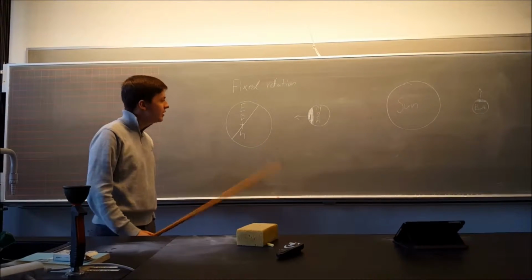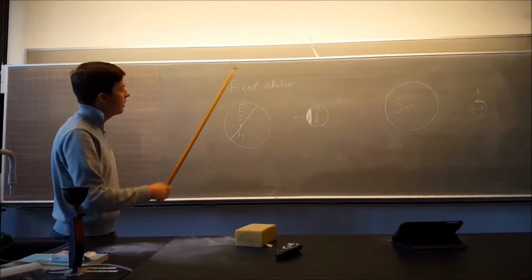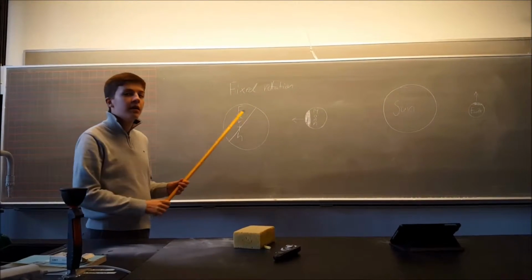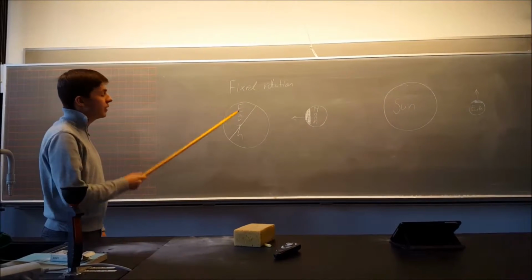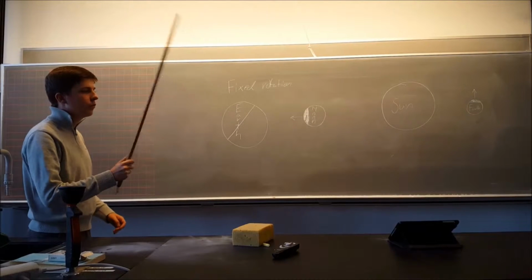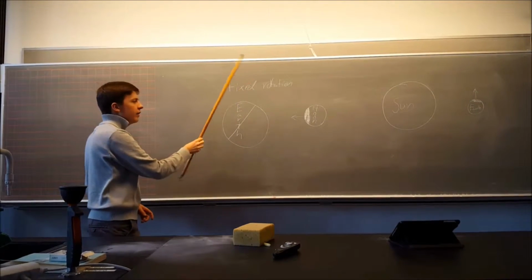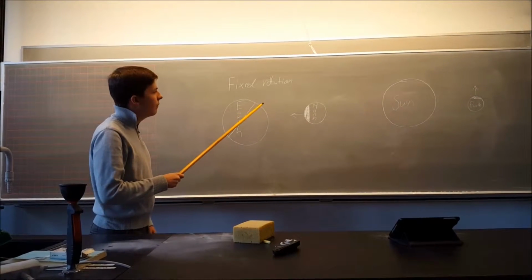The last thing we need to understand is the fixed rotation of the moon. The moon always faces the Earth with the same side when it's rotating around the Earth. But the Earth is rotating about its own axis, which is always tilted at a 23-degree angle, I think.